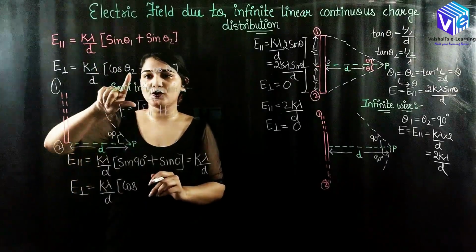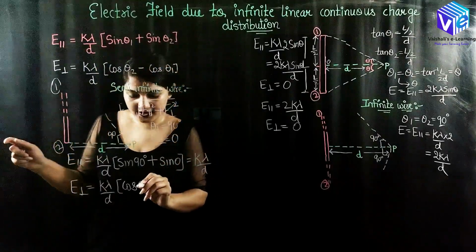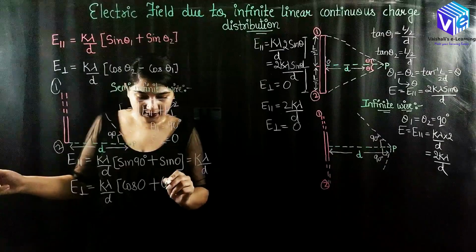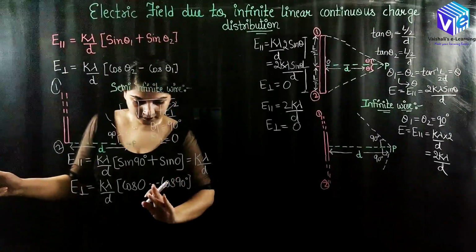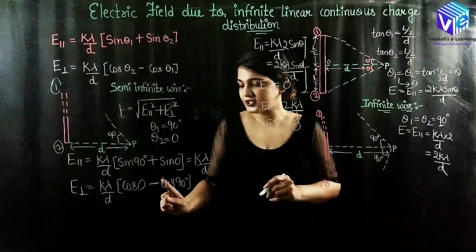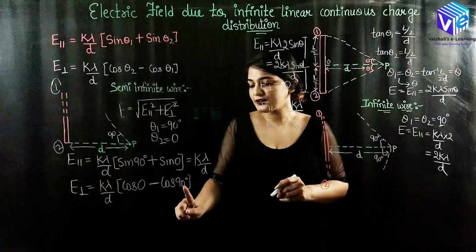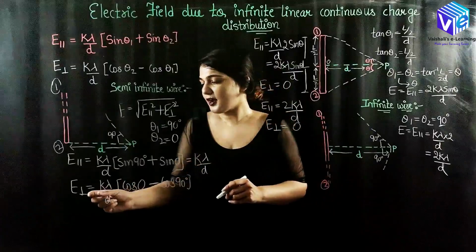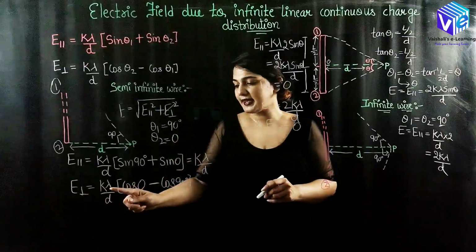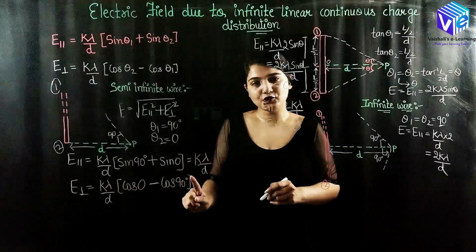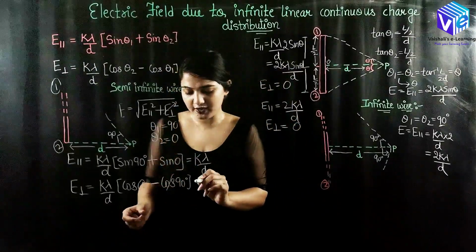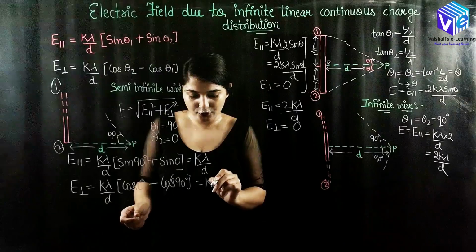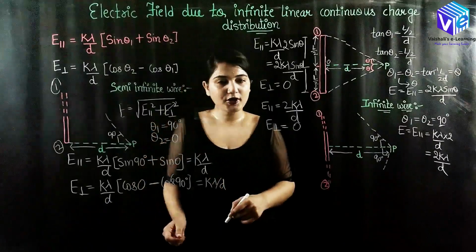Here we have cos of theta 2, and theta 2 is 0, and subtraction, here we have minus cos of 90 degree. So E perpendicular will be k lambda upon d, cos 0 minus cos of 90. Cos of 90 is 0. We know this. Cos of 0 is 1. So this is also coming out to be k lambda upon d.